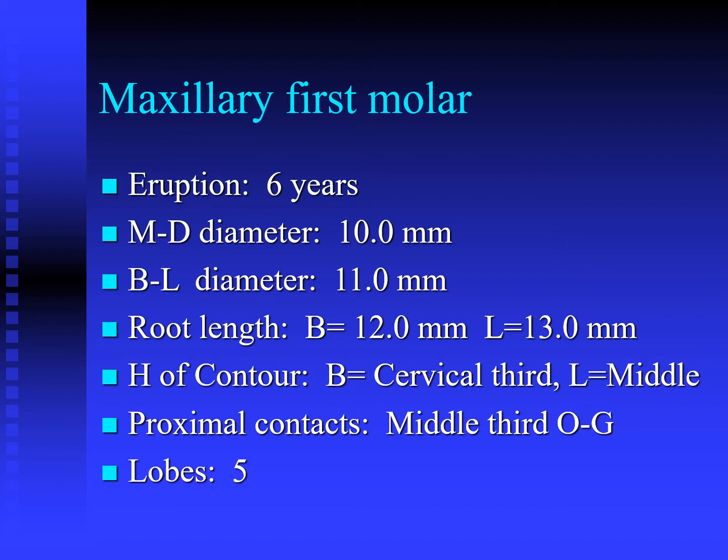So we will begin with the maxillary first molar. The maxillary molars will erupt at about 6 years of age. In fact, in general, the first molars are the first permanent teeth to show up or erupt in the mouth. Usually the mandibular first molar is the first one to erupt.